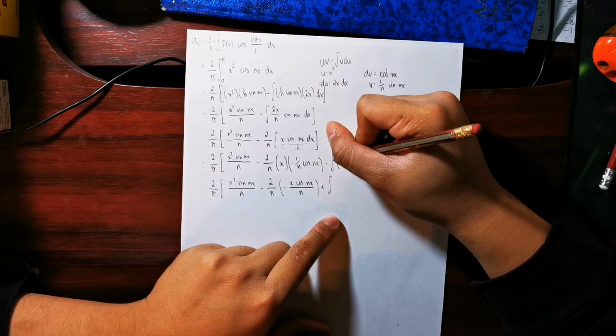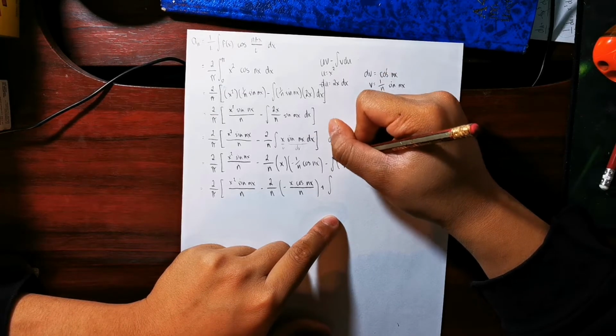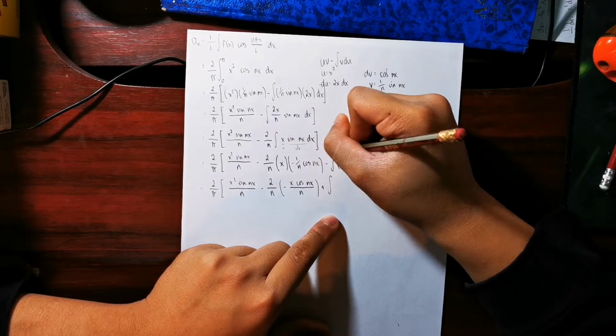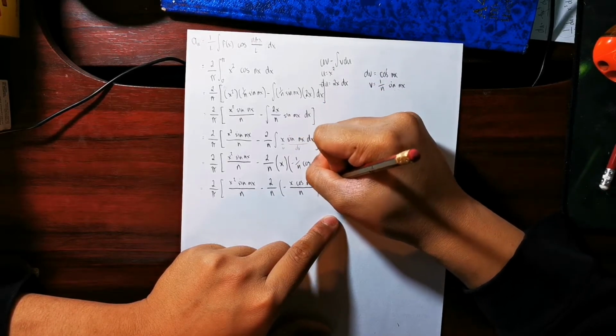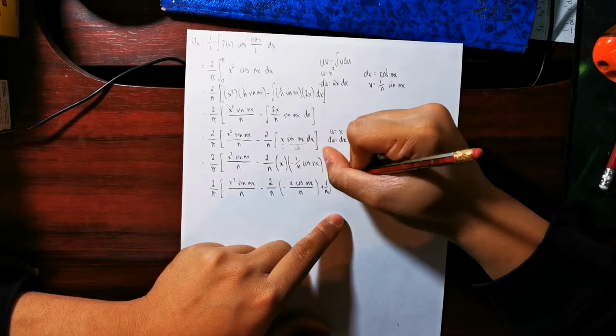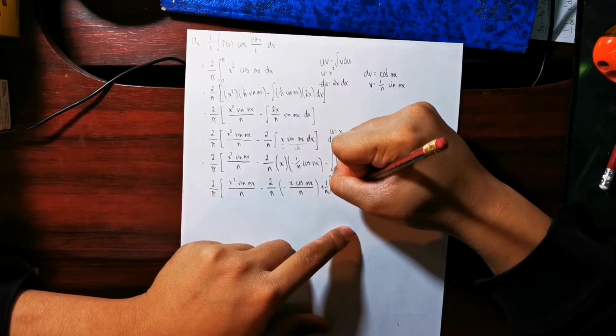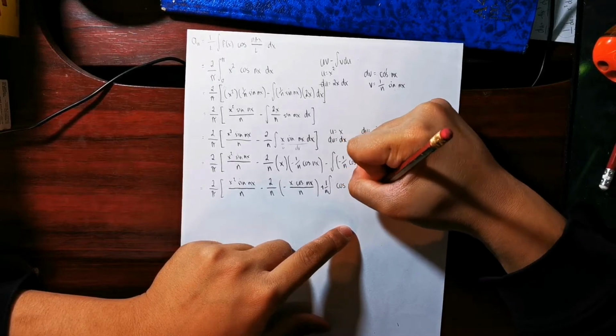We can just pull this out, we can just move it here, so we can just say plus 1 over n cos nx dx.